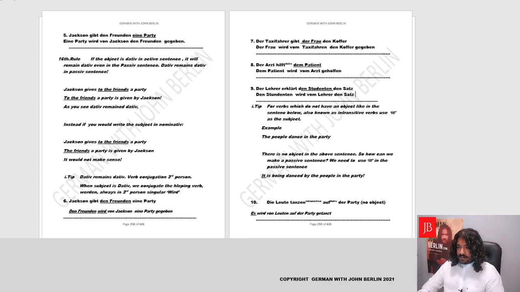Erklären, and in perfect it's erklärt. No GE as well. Erklärt. Perfect. Den Studenten wird vom Lehrer den Satz erklärt.